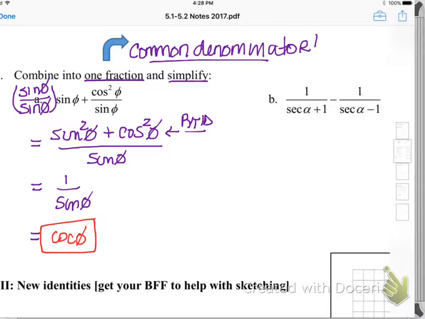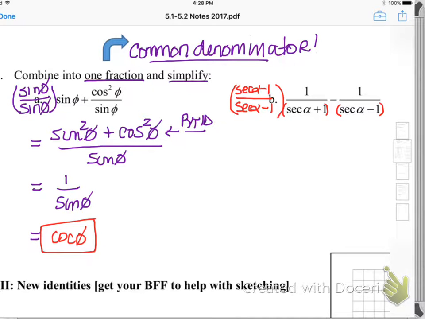All right. So this one over here, we should see that this is a factor, right? And this is a factor. We need common denominators. So I'm going to multiply this one over here by secant theta minus 1. So this is going to be secant theta minus 1, and so secant theta minus 1.